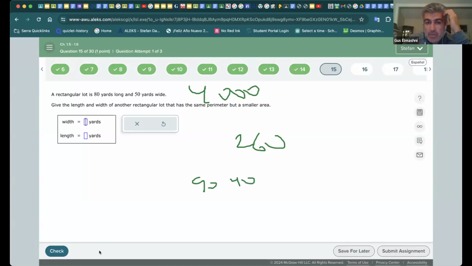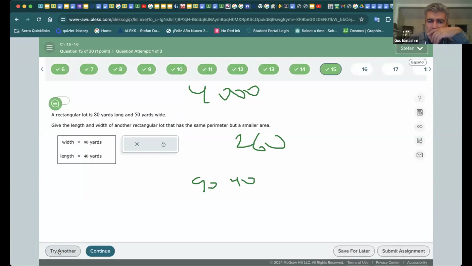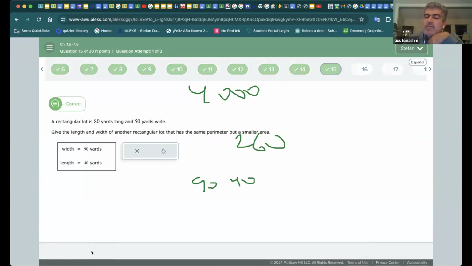So you increase one of the dimensions by 10 yards, decrease the other by 10. So I did 90 and 40. Oh, wait, the other way around. Actually, it won't matter. Yeah. Okay.